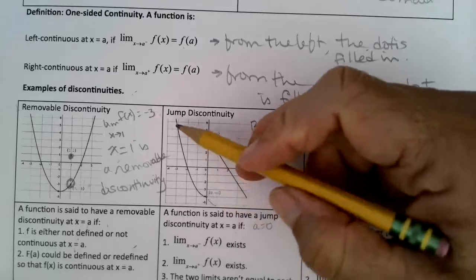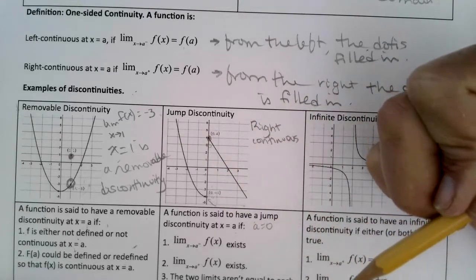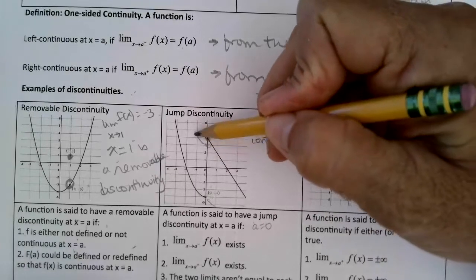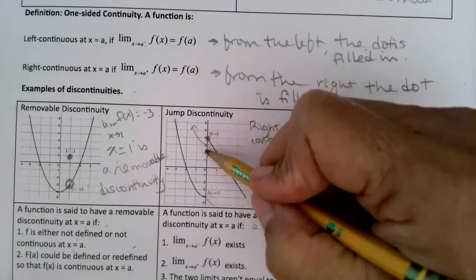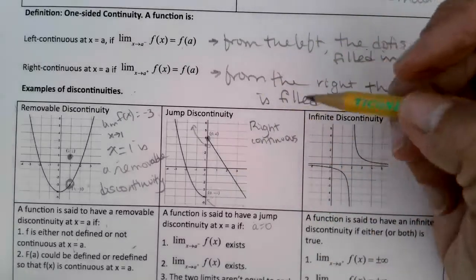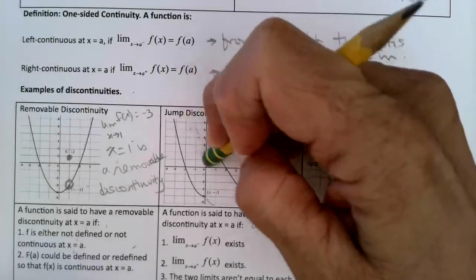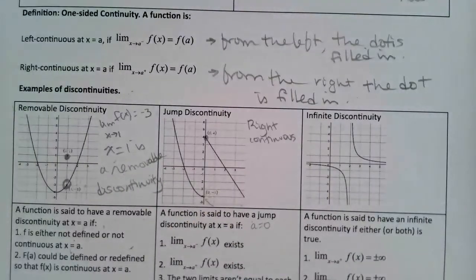The parabola could have come in here at y equals positive 3 as well, and that's still a jump discontinuity. Make sure they're not both filled in, because then you violated the function rule. Each x gets only one y. Okay, so jump discontinuity, not much to fix about that.